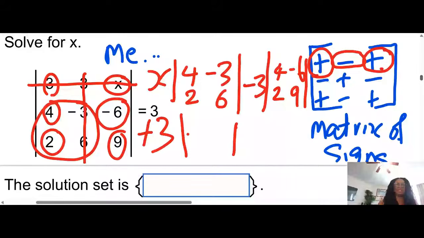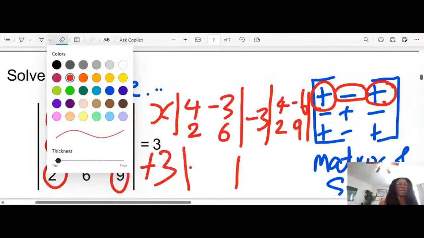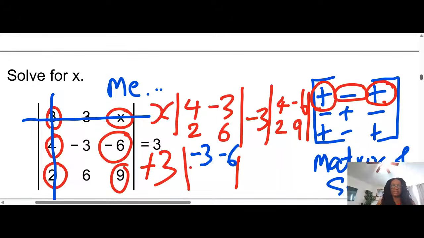After canceling the row and the column, the remainder is the minor: negative 3, negative 6, and 6, 9.